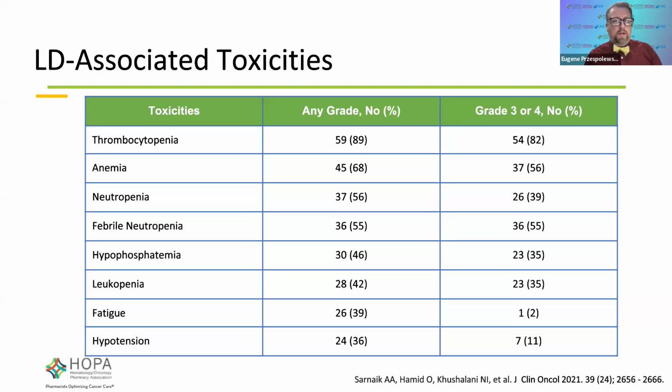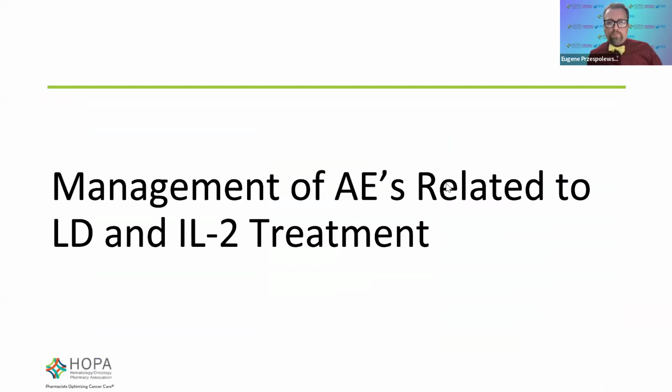But things like febrile neutropenia, hypotension, I think those do need to be parsed out and evaluated. Some of the symptoms associated with febrile neutropenia, including hypotension, potentially could be complications of IL-2 therapy as well. So let's take a look more into adverse events related to lymphodepletion and IL-2 and how they're treated.